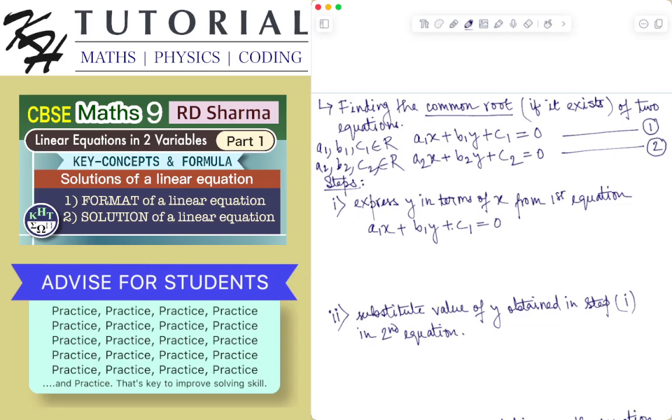So this is the first equation, a1x plus b1y plus c1 equals 0. From here I can say that b1y is equal to negative of a1x plus c1. This implies y is equal to negative of a1x plus c1, whole divided by b1. So I've expressed y in terms of x from the first equation.